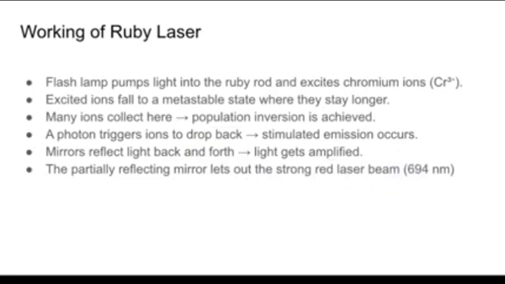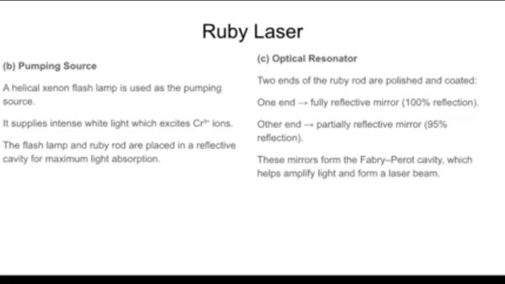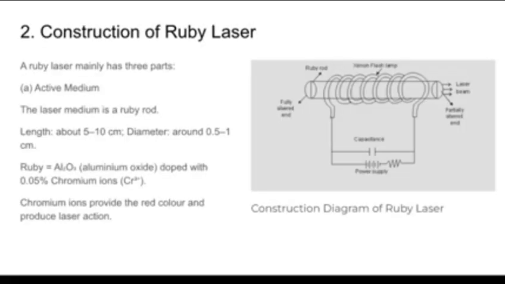After that, we can see a strong red laser beam coming out of the mirror. So that's all about the working of the ruby laser. You can see here the ruby laser, the excitation of the ions, and then the laser beam comes out.